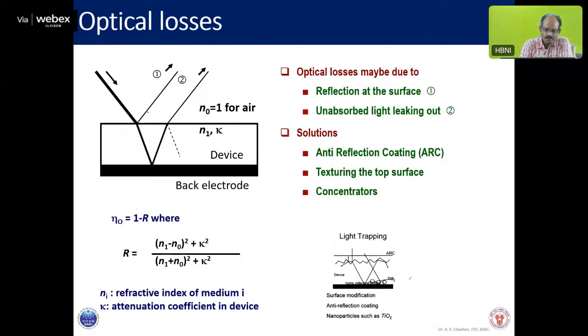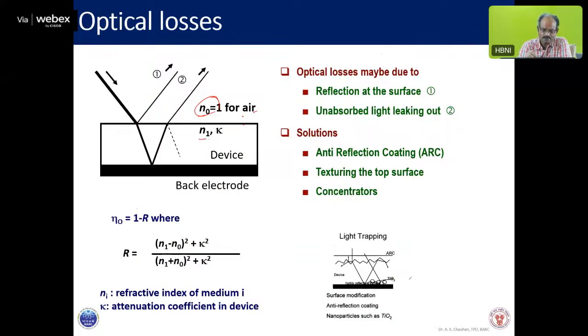So what part is reflected depends on N0 and N1. If N0 is 1, which is for air, and N1 is, suppose, 1.5 for glass, where N is the refractive index.